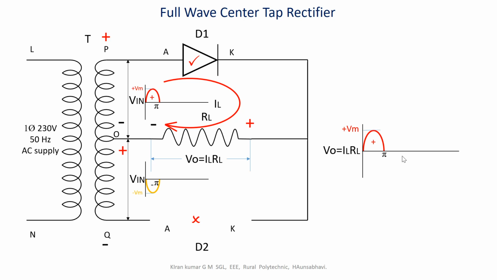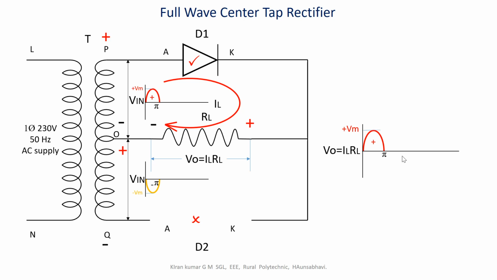As Q of the secondary of the transformer is negative with respect to the center tap O, diode D2, which is connected in the lower half of the secondary, will be reverse biased and will not conduct any current.